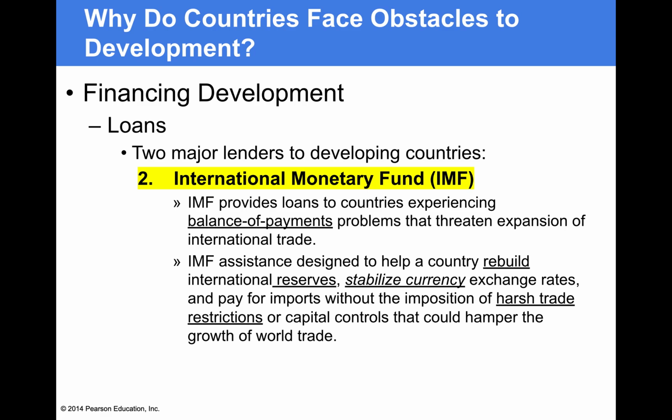The IMF is assistance. It helps countries rebuild international reserves. So it stabilizes currency. And in stabilizing currency, it takes a country out of the red. So it eliminates harsh trade restrictions.